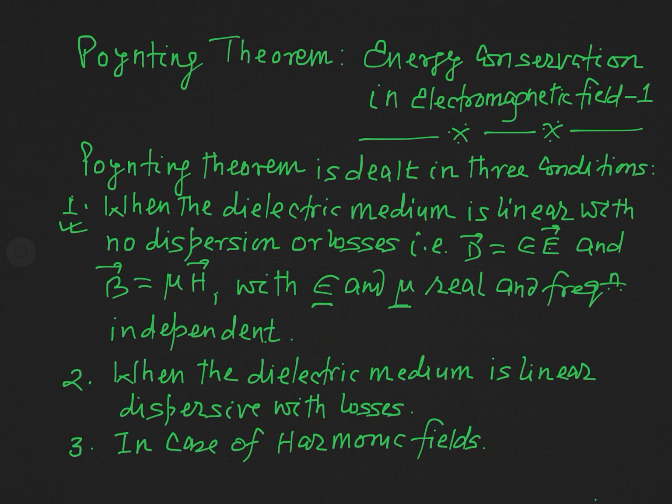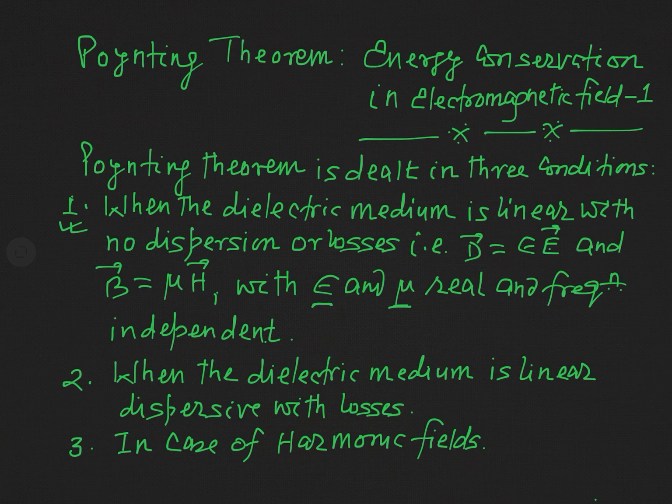So if there will be no dispersion, it means these quantities epsilon and mu will be real and independent of frequency of the wave. And so this is the first condition, in which we will discuss the Poynting Theorem. And in this lecture, I would like to discuss this theorem in this condition, that is when the dielectric medium is linear and there is no dispersion and no energy losses.